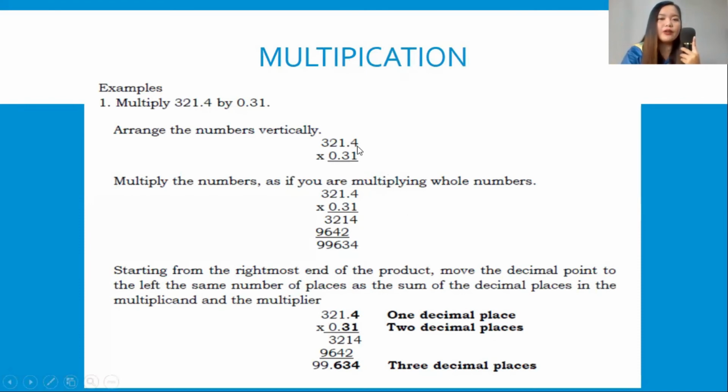Take note, ito you have 1, then ito you have 2, so all in all we have 1, 2, 3, so we have to move the decimal point 1, 2, 3. So your answer now is this one, with 3 decimal places. Just read the example in here.